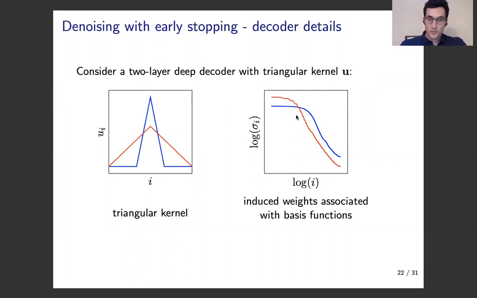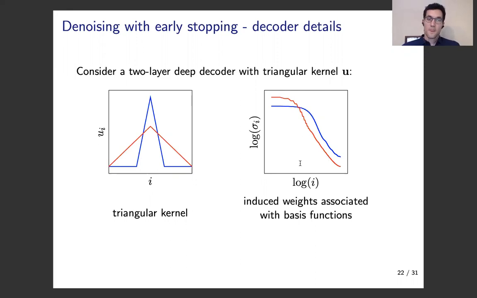What's important about these weights is the way they decay. Here we have a log-log plot, and it tells us that the weights associated with these basis functions decay extremely fast. They become small extremely fast. That's essentially what this plot tells us.